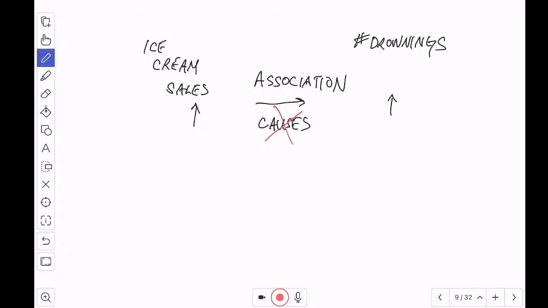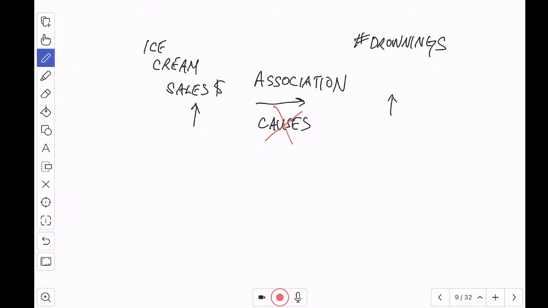In fact, this probably can be explained. The fact that this variable goes up, so ice cream sales, you can think in dollars, and drownings goes up because of their relationship to a third variable.